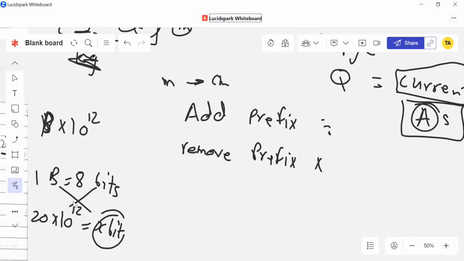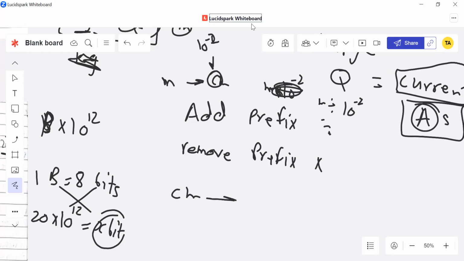I know centi has a value of 10 raised to power negative 2. Because I'm adding a prefix, I'm adding centimeters, so I'll divide by 10 raised to power negative 2.